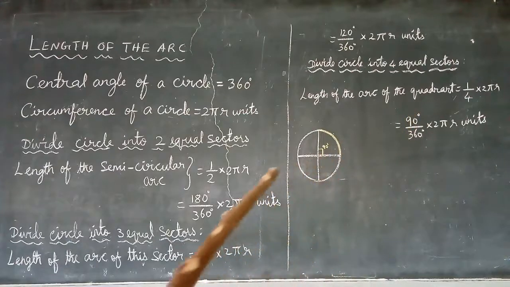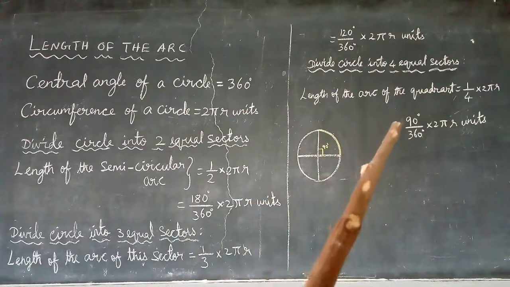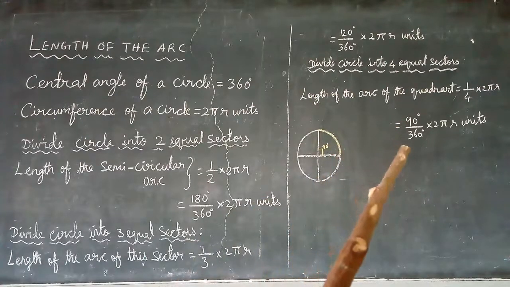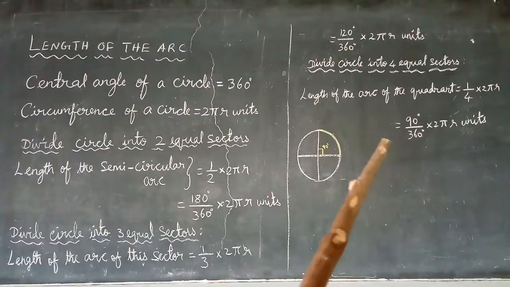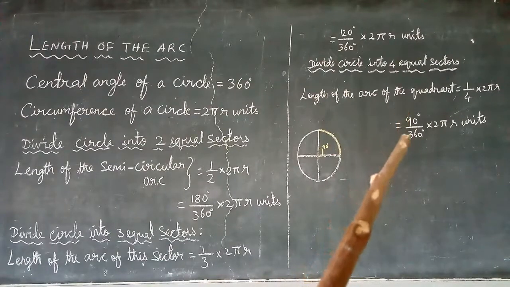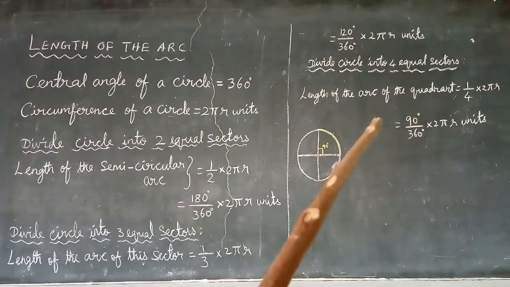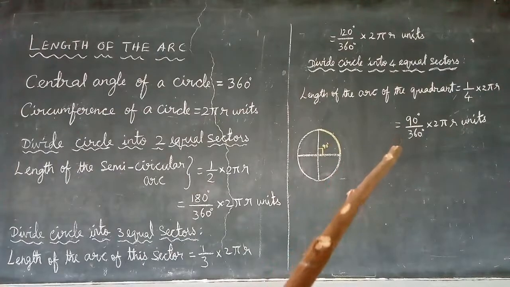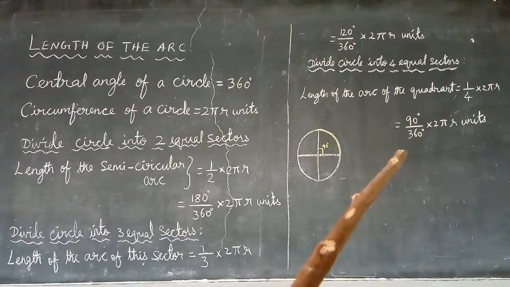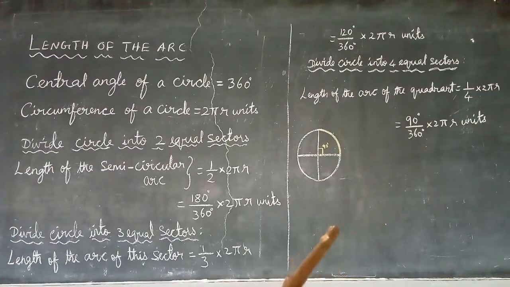So generally, if you want to find the length of the arc, the ratio of the central angle of the given sector to the central angle of the circle, multiplied by the circumference, will give the length of the arc of the given sector.